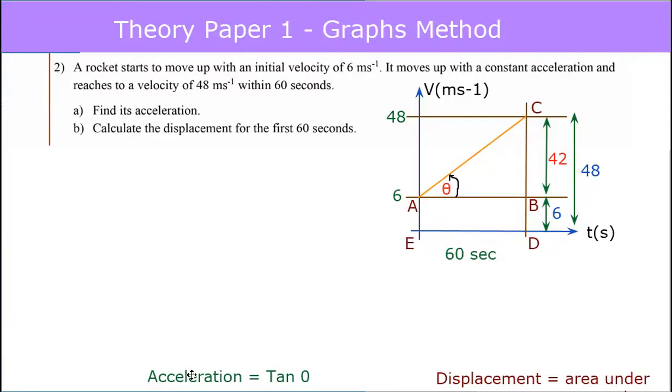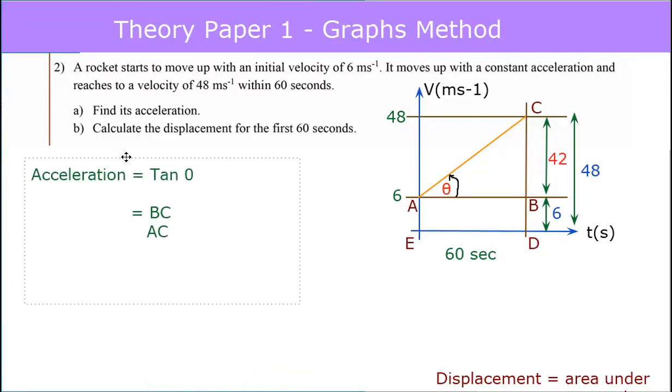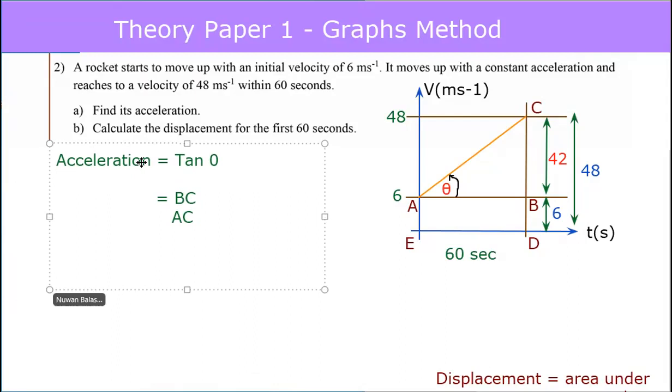Right, now let's try to find the acceleration. They ask us to find acceleration and displacement. So acceleration is the gradient of the graph, that is tan theta. So let me directly use this equation. Tan theta is opposite side divided by adjacent side. Opposite side is BC, adjacent side is AB.